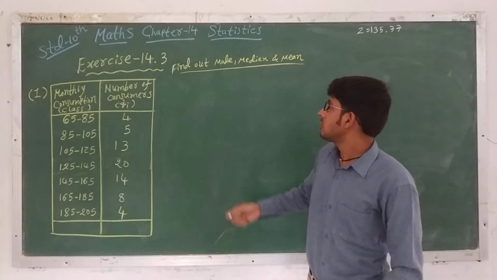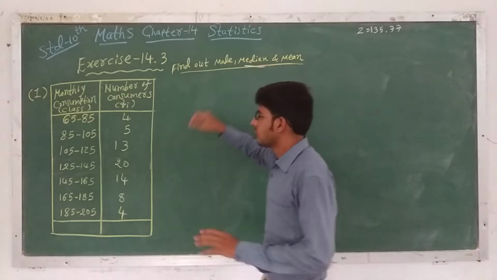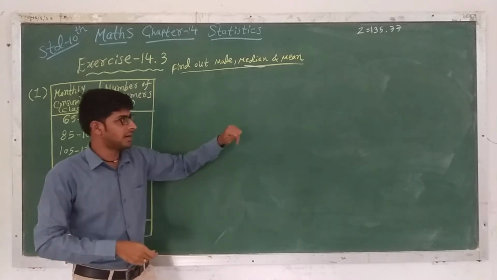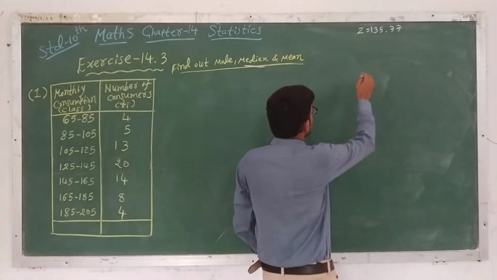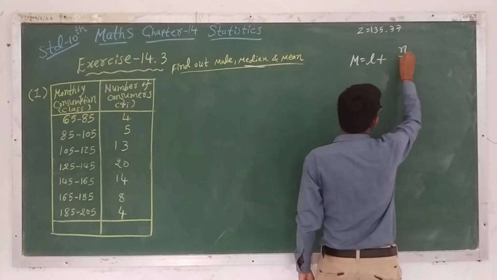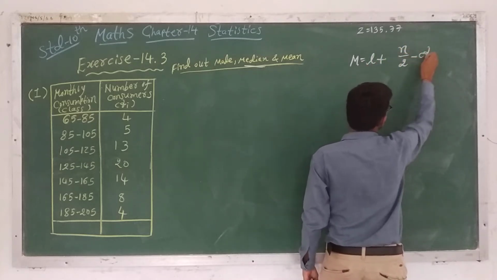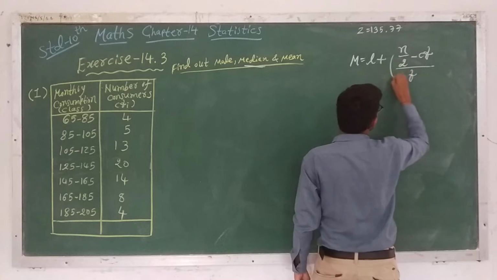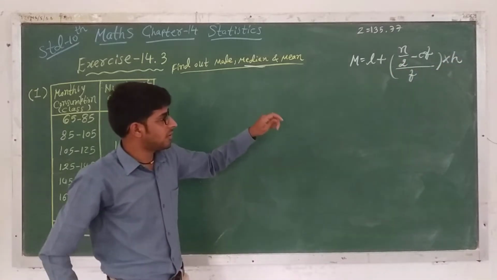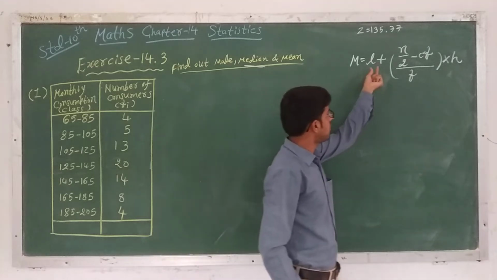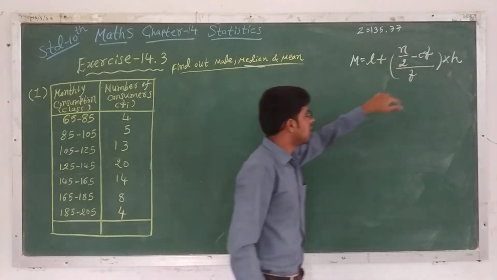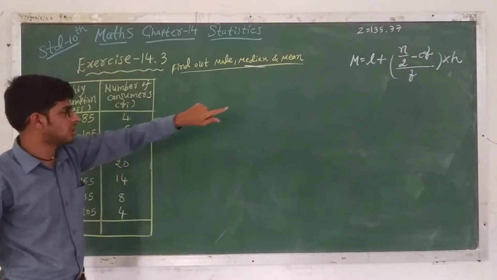Next, we have to find out the median. First of all, write down the formula for finding the median for grouped data. Median is equal to L plus n by 2 minus CF upon F multiplied by H. So here we have to find the values of n, CF, F and H. Already the values of n and H are given in the question.